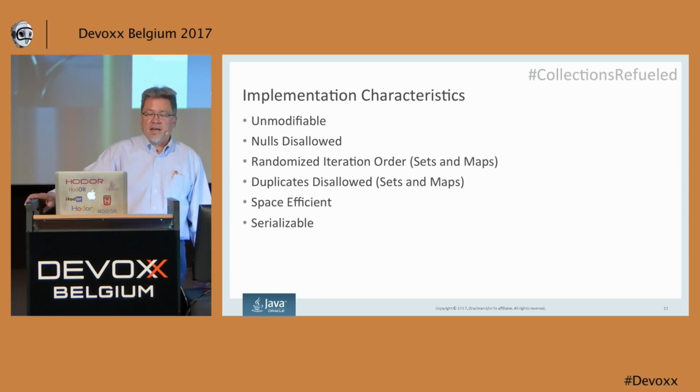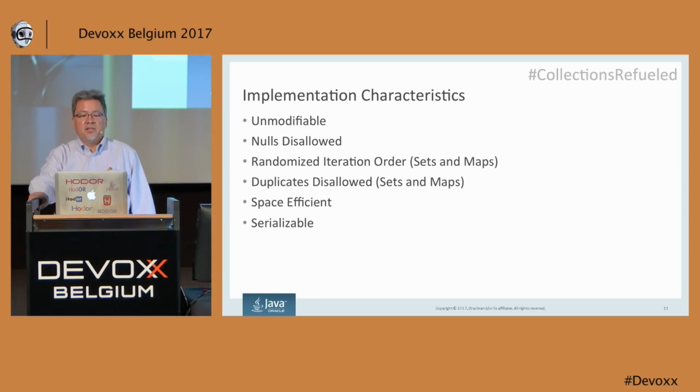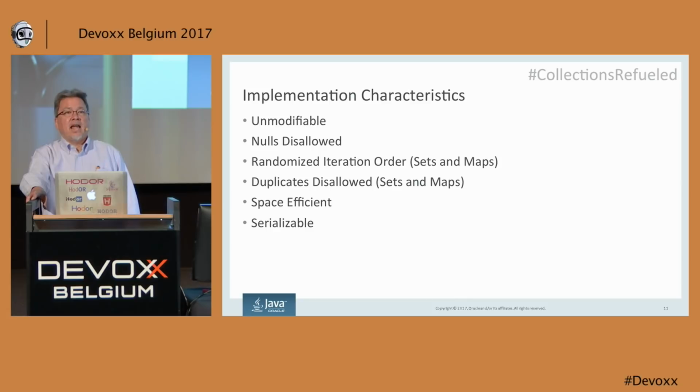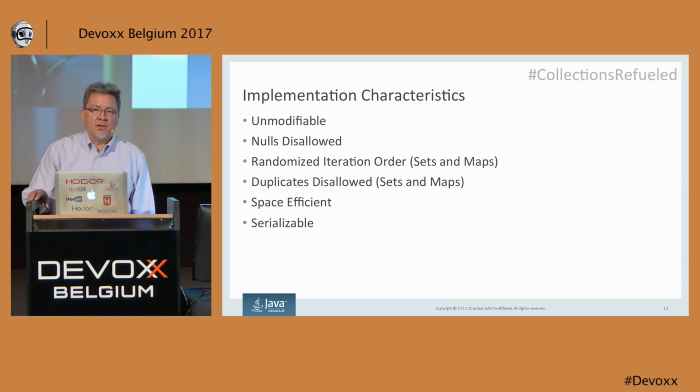I'm going to spend some time on that, because it's caused a bit of controversy. They disallow duplicates, and they actually throw an exception if they detect that they're being initialized with duplicates. One thing that's very attractive is that they're much more space efficient, at least for hash set and hash map, than their modifiable counterparts. And they are serializable, and there are some details to talk about there as well.